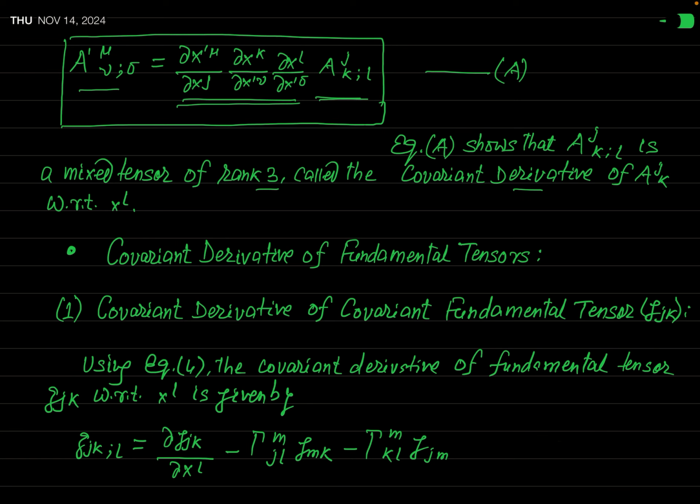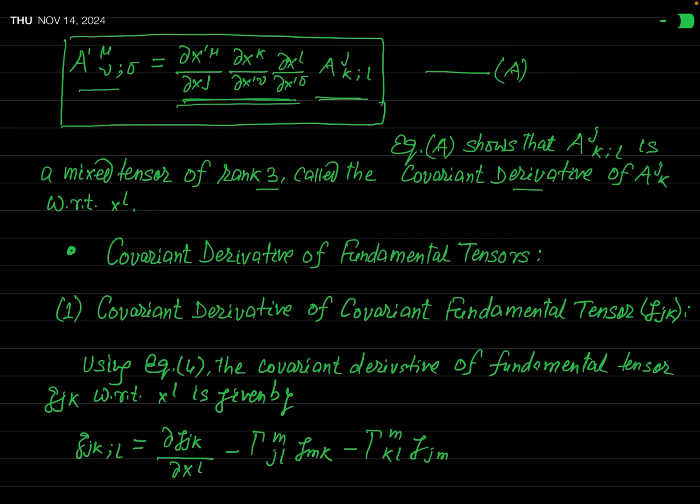And you can see some important facts which we will observe from this equation, that the covariant derivative of AJK actually contains three terms. The first is the partial derivative. These are ∂x'μ/∂xj, ∂xk/∂x'μ, ∂xl/∂x'σ, okay.